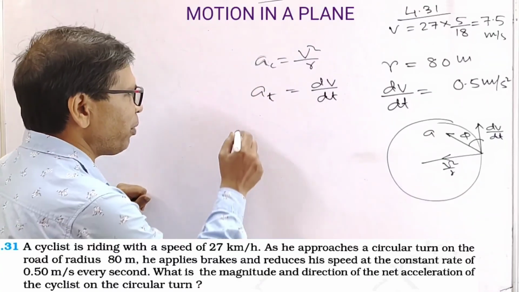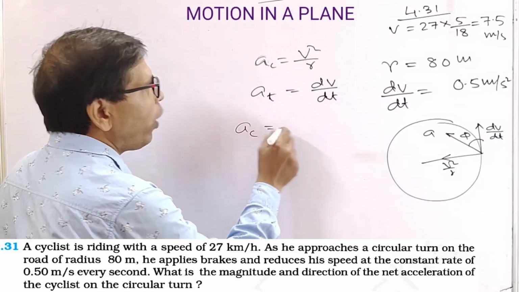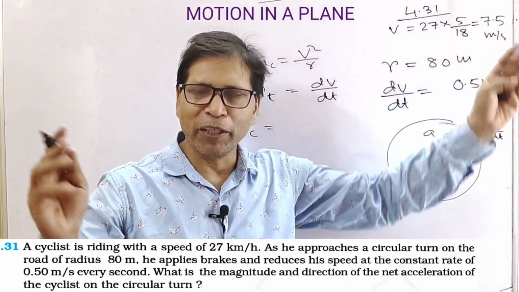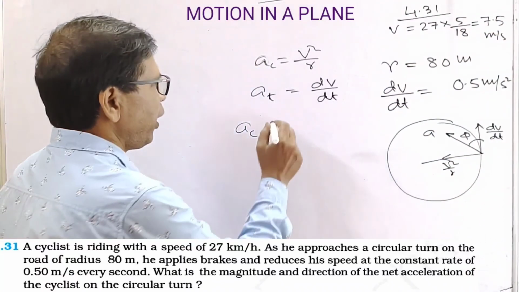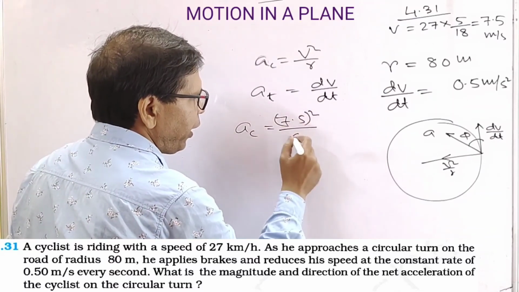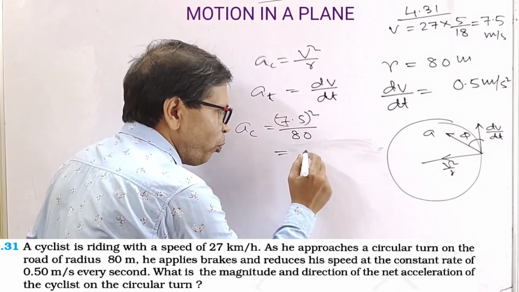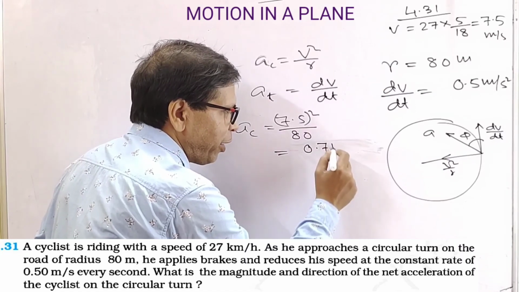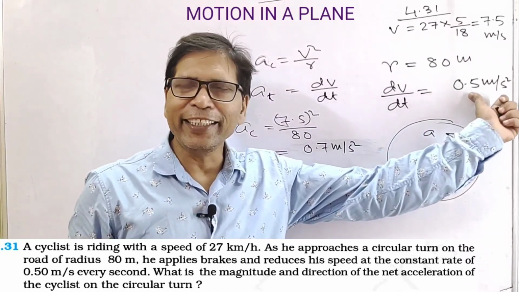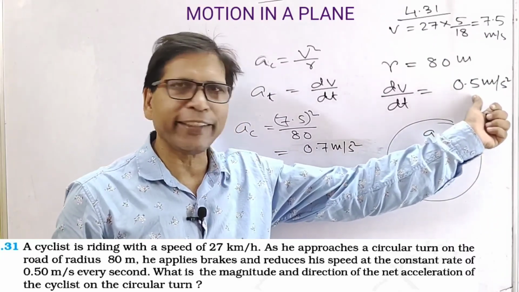First of all, centripetal acceleration a_c. What is v? v is equal to 7.5 meter per second. So here 7.5 whole square divided by 80 is almost equal to 0.7 meter per second square. Now the tangential acceleration dv by dt is given.